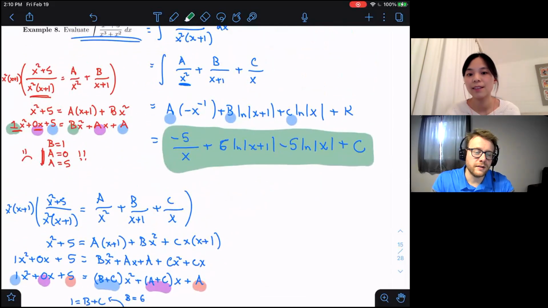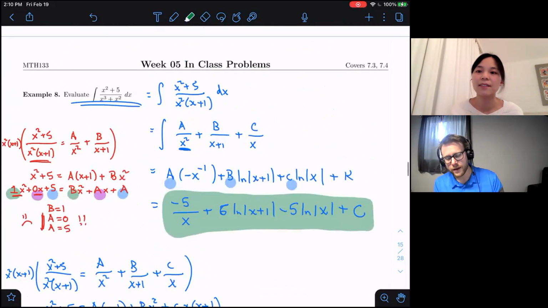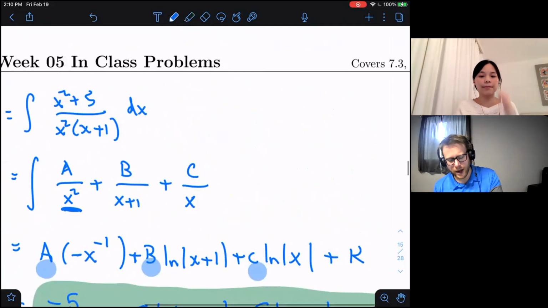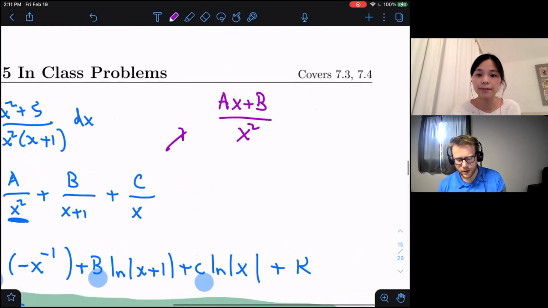I think what they were saying is they're using ax plus b as the numerator over x squared, and then it's not a over x squared. Oh, I see. If you do some Google searching or use another book, I have seen that instead of the method we're talking about here, you can do ax plus b all divided by x squared, in which case this is the same thing as a divided by x and b divided by x squared.